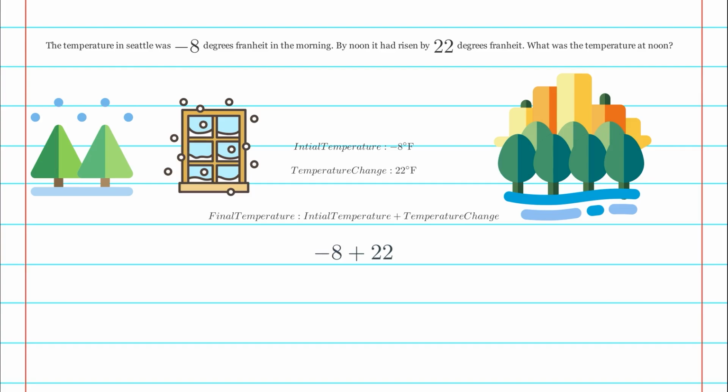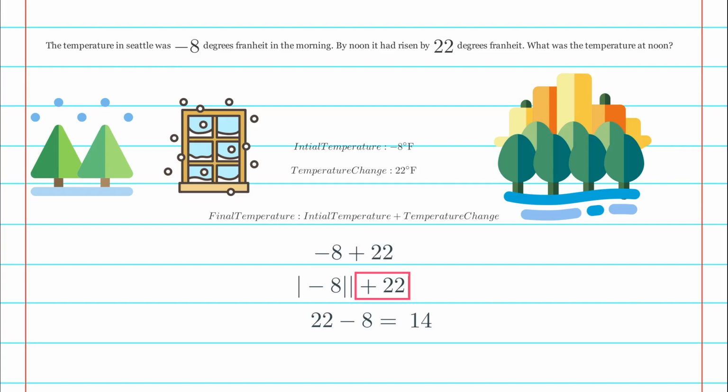To do this, we follow the rules of addition that we have just learned. The absolute value of negative 8 would be 8, and the absolute value of 22 would be 22. We subtract 8 from 22, and since the number with the greater absolute value is 22, which is positive, the answer would be 14. So the temperature at noon was 14 degrees Fahrenheit.